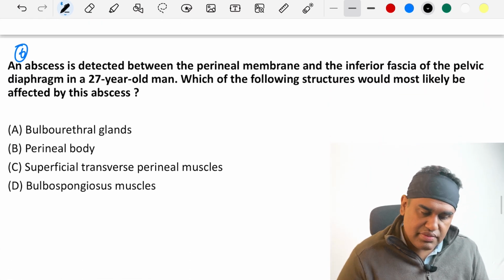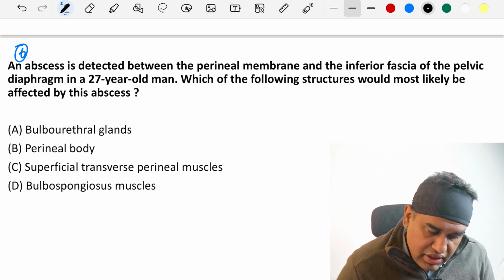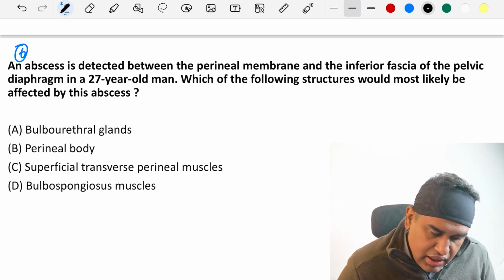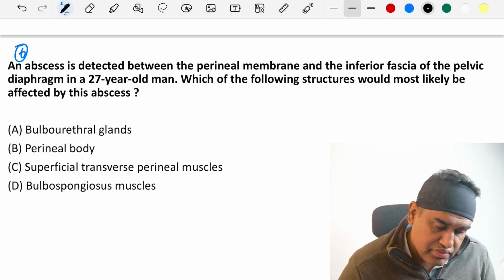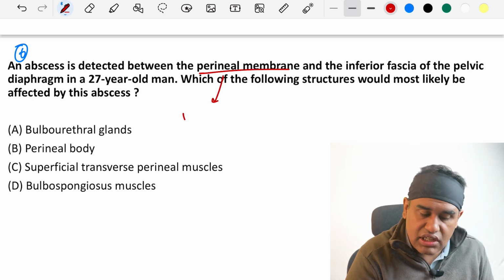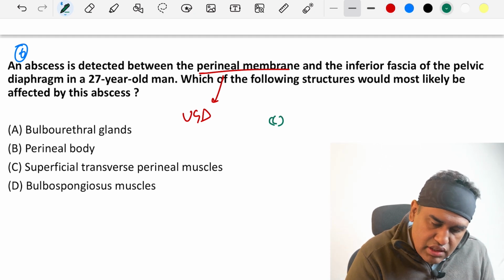The sixth question says, an abscess is detected between the perineal membrane and the inferior fascia of the pelvic diaphragm in a 27-year-old man. Which of the following structures would most likely be affected by this abscess? So what is the perineal membrane here? We should know, the perineal membrane is the inferior fascia of the urogenital diaphragm. What is the urogenital diaphragm? It is basically a combination of sphincter urethrae and deep transverse perineae.